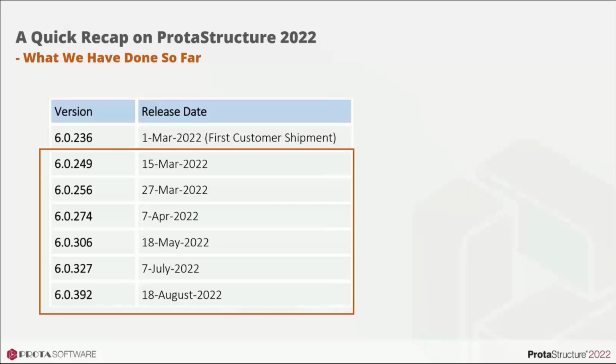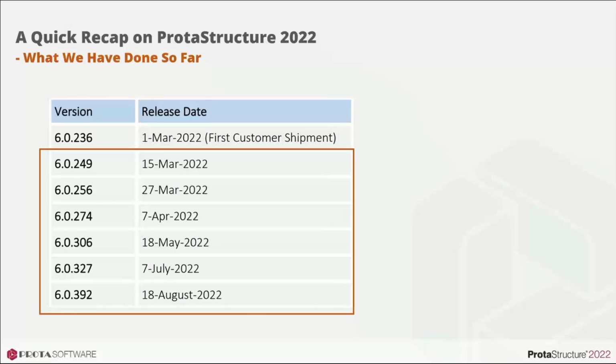And we wanted to release these features right away to our maintained users, without waiting for a new major release. We just didn't want to wait for 2023, and we just released them to you so you can benefit from these new features. And the last update was on 18th of August, with the version number 60392.